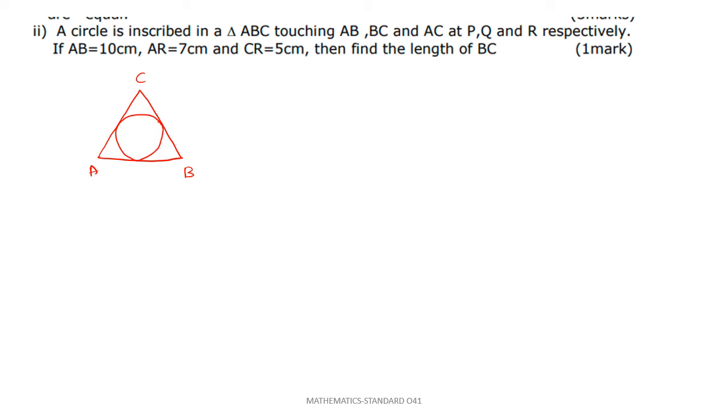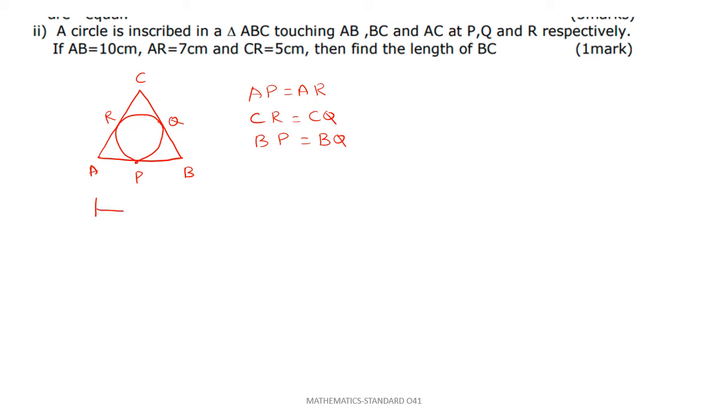Okay, so let's name the points P, Q and R. Again we are using the same property. The lengths of the tangents from an external point to the circle are going to be equal. So AP equal to AR, CR equal to CQ, BP equal to BQ.